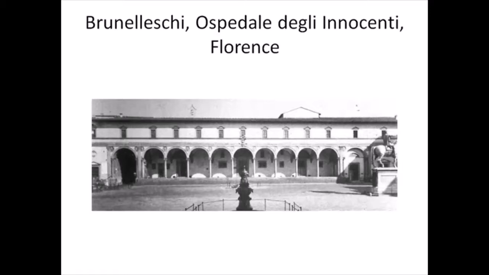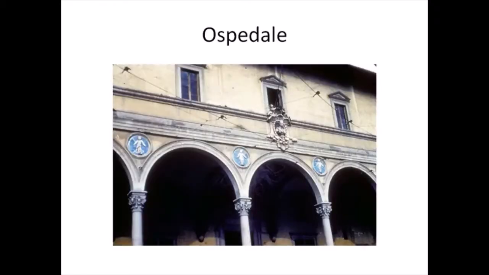You also have these beautiful, slender columns that are supporting the rounded arch. Here's a detail. You can see that the columns have this decoration on top. The decoration on top of any column is called the column capital. And I have posted for you on your website the different styles or orders of column capitals.